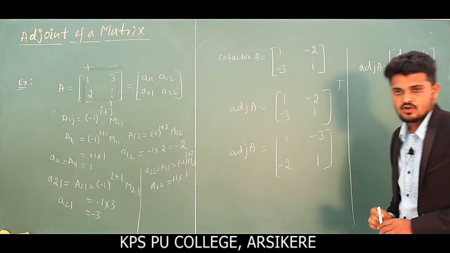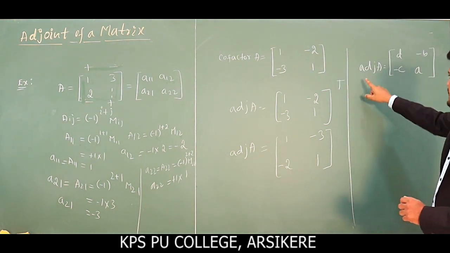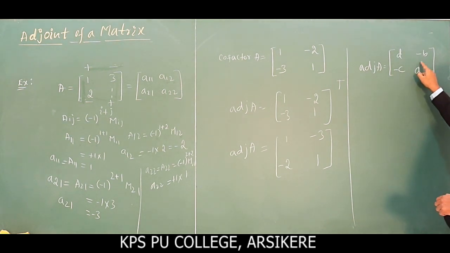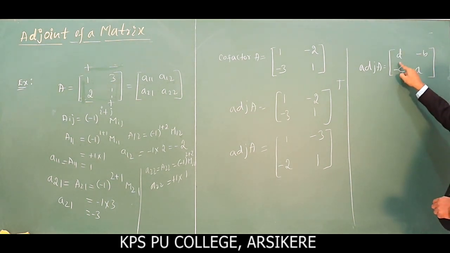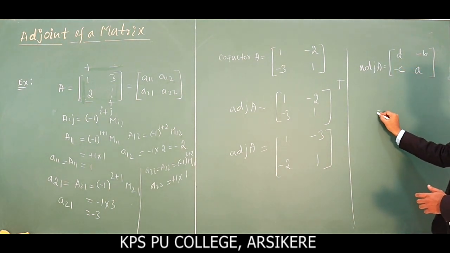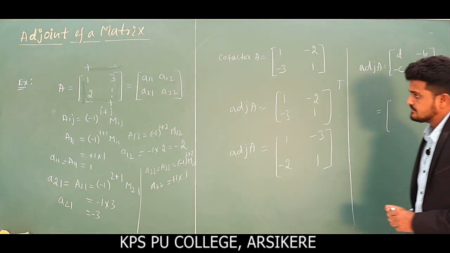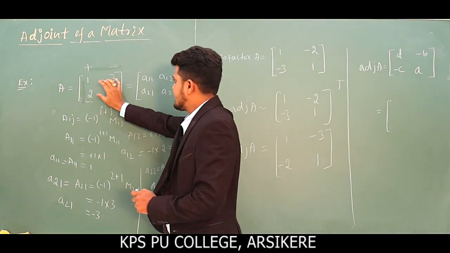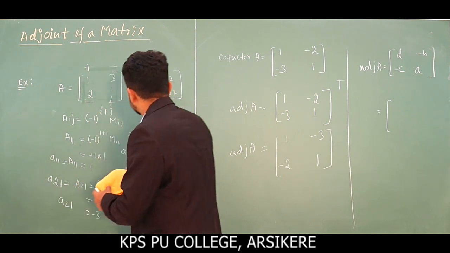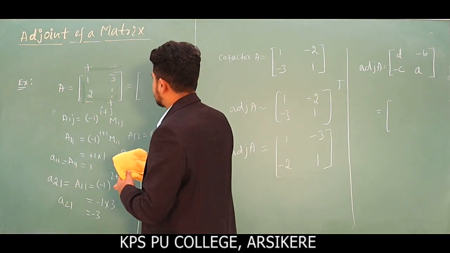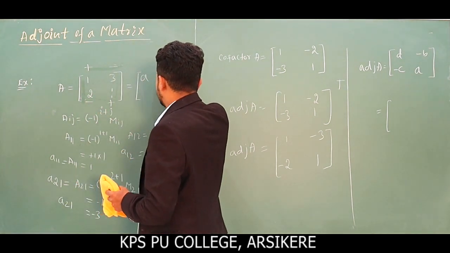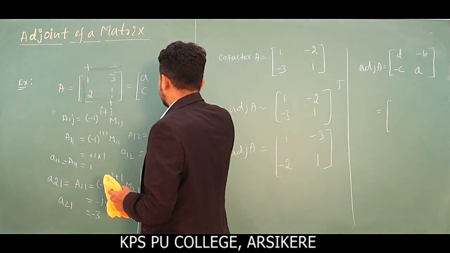So in case of a 2 cross 2 matrix, adjoint A is equal to [D, minus B; minus C, A]. See here, this matrix can be written as [A, B; C, D], so 4 elements.